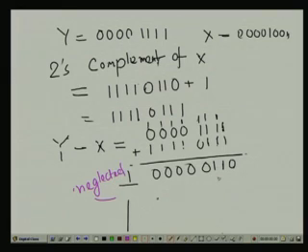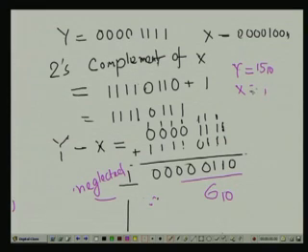Then see, again the value becomes 6 in decimal, and earlier y was 15 in decimal, x was 9 in decimal, and the result is correct now. So, this is a correct result.